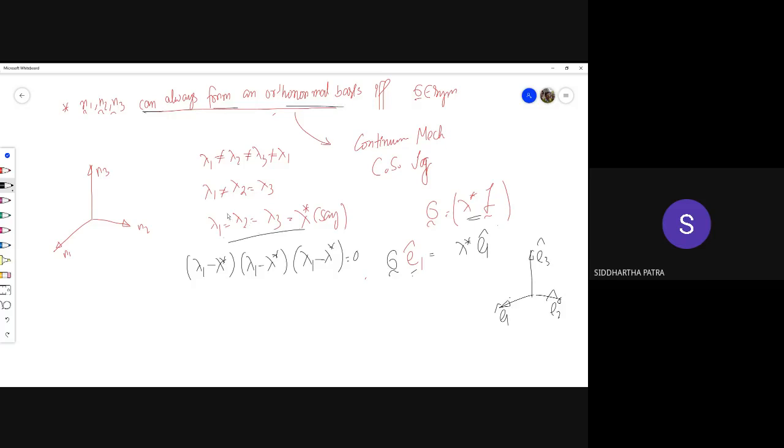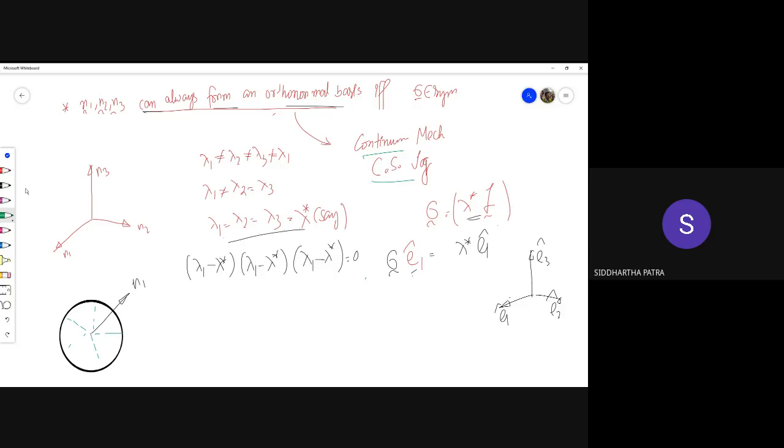Now the second situation where two eigenvalues are the same and one is different. So this is the situation that we have. We have one eigenvector which is unique. Then there is a plane perpendicular to that eigenvector on which, it can be shown actually, and for that you need to look at this reference, any unit vector is an eigenvector to the symmetric tensor.